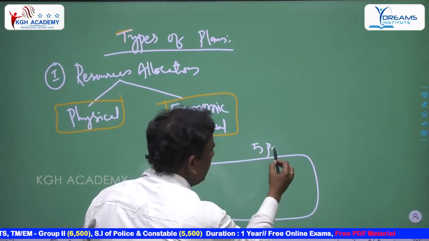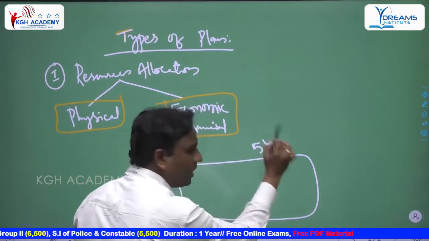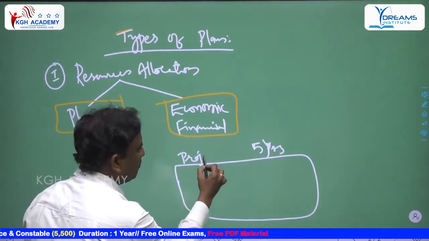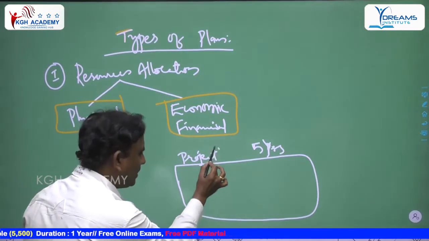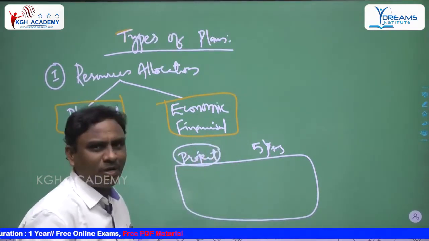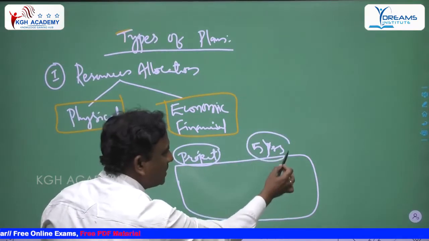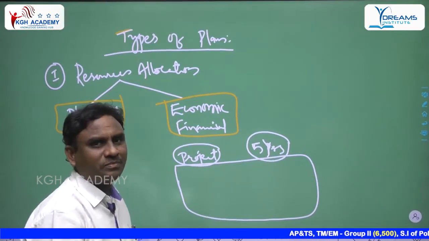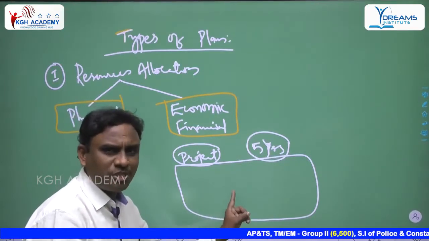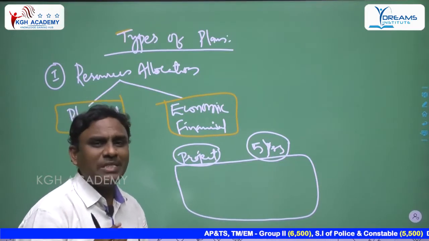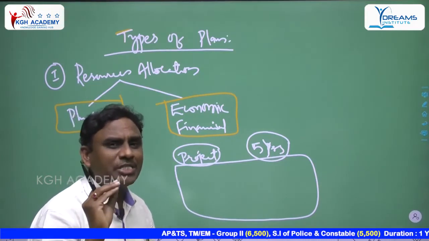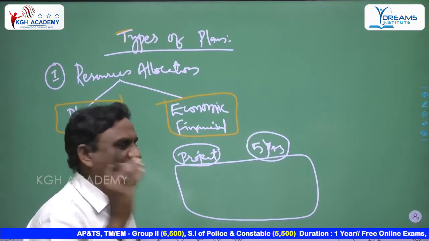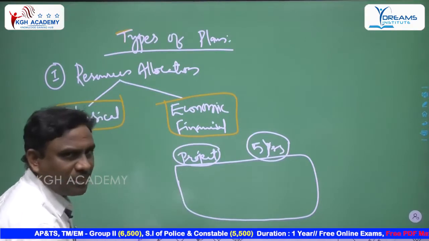Within 5 years. What is the objective? Construction of this project. This is the objective, aim or goal, with a specified time. Then, to construct this project or reservoir, the government allocated resources in terms of physical men and machinery.